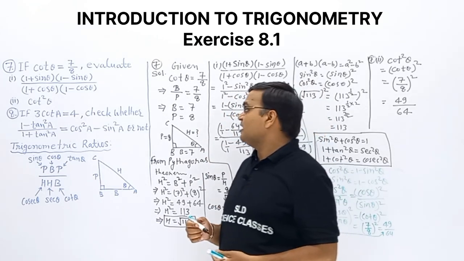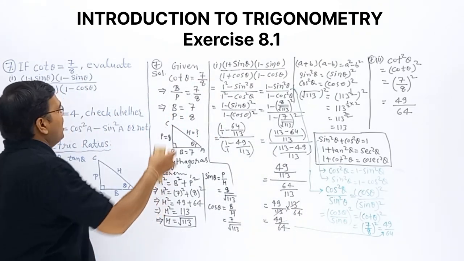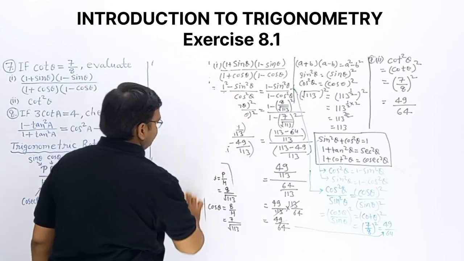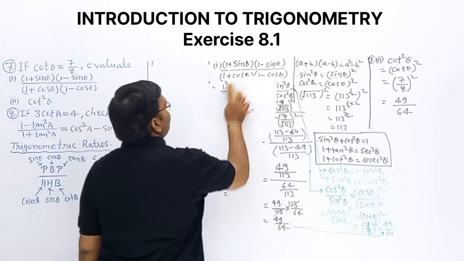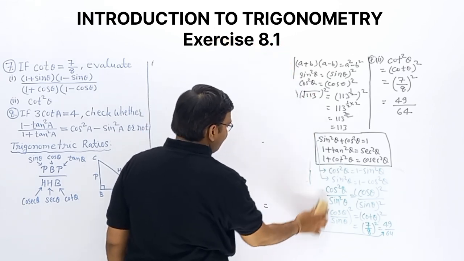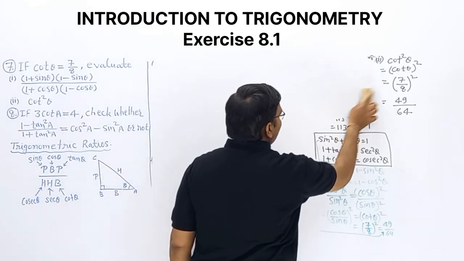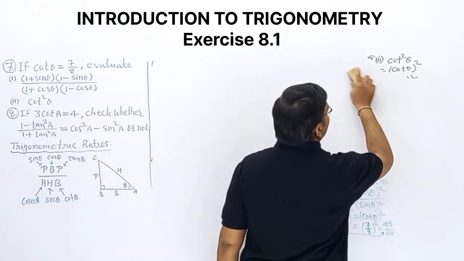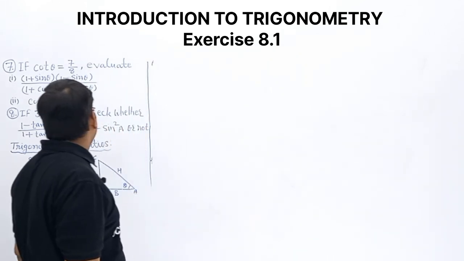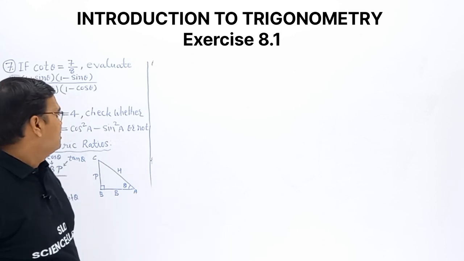Now question number 8. Observe what this one is. We again have one trigonometry ratio. By using that trigonometry ratio, we want to show this one, check whether this one is correct or not.